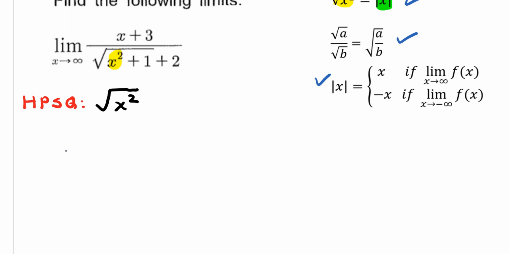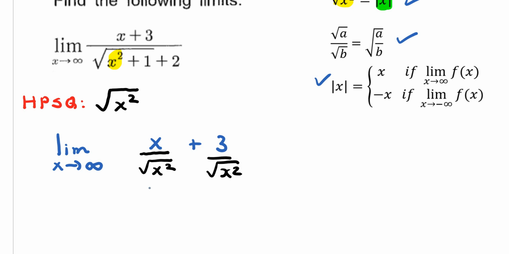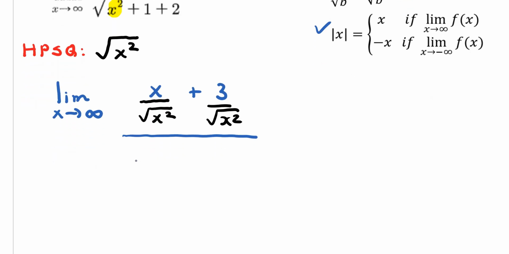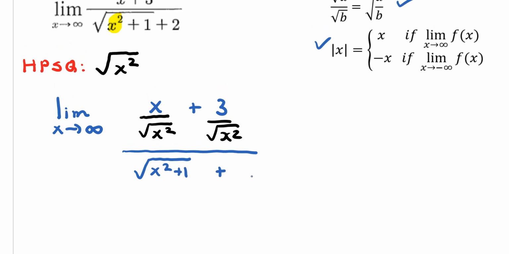Now, I'm going to rewrite the first part of the limit problem here. This is the limit as x goes to infinity, and in the numerator I have x plus 3. Now, I'm going to divide every single term in the numerator by the square root of x squared. And then in the denominator here, I have the square root of x squared plus 1, and then I have a separate plus 2 on the outside there.